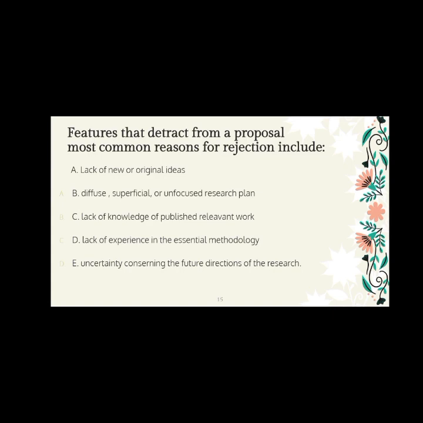Although this list is no longer available on the NIH website, the information is still relevant to grant writing. The most common reasons for rejection include lack of new or original ideas, a diffuse, superficial, or unfocused research plan, lack of experience in the essential methodology, and uncertainty concerning the future direction of the research.